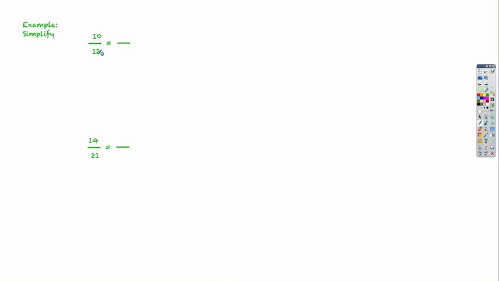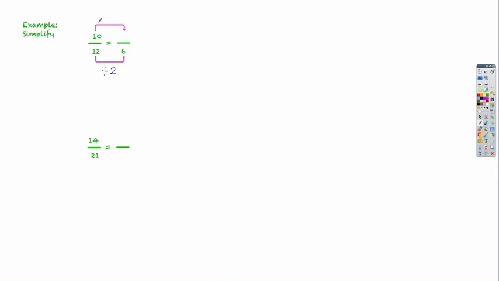So with this first one, we've got 10 over 12. In order to simplify it, we need to get the denominator as small as possible. So we know that 10 and 12 are both in the 2 times tables, so going from 12, I can divide by 2.